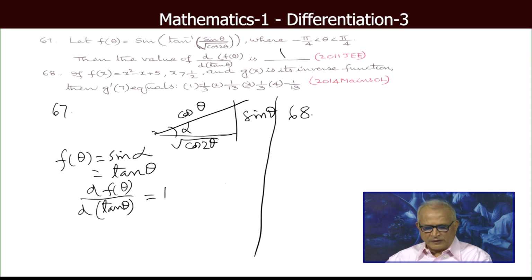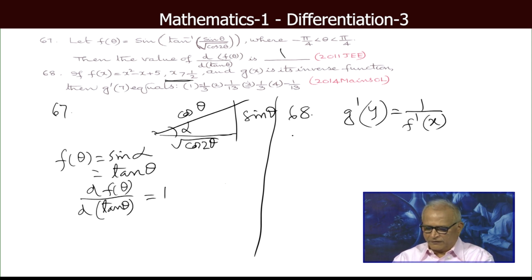If f x equal to x square minus x plus 5, x greater than half, this is important, and g x is this inverse function, then what is g dash 7? g dash y equal to 1 by f dash x, where y equal to 7, that is equal to f x, x square minus x plus 5.